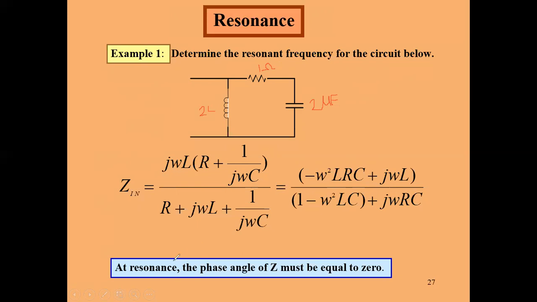Generally at resonance, the phase angle of Z must be equal to 0. At resonance there is no reactive component, only the resistive component is available. So here the angle of the current and the angle of the voltage is equal to 0.